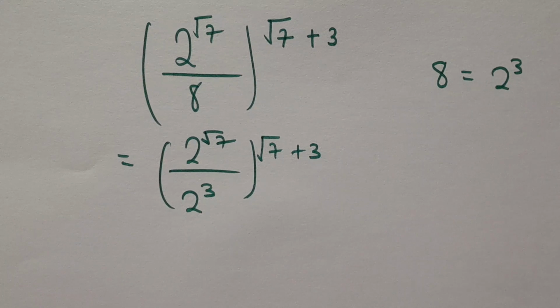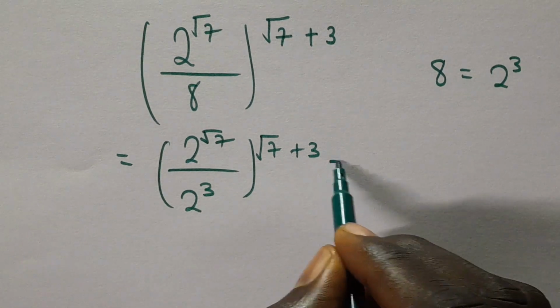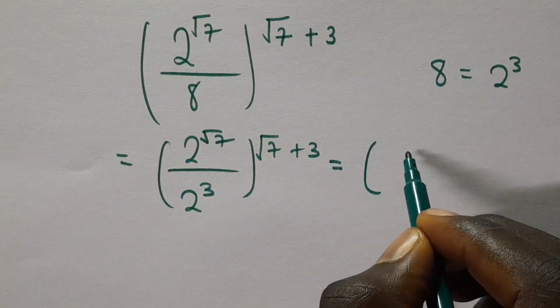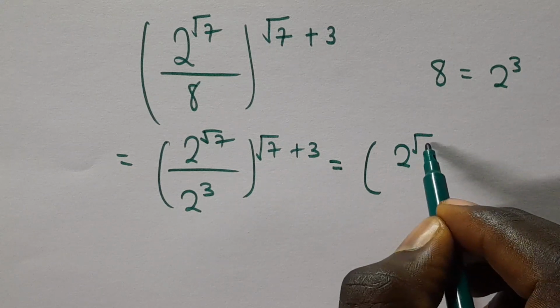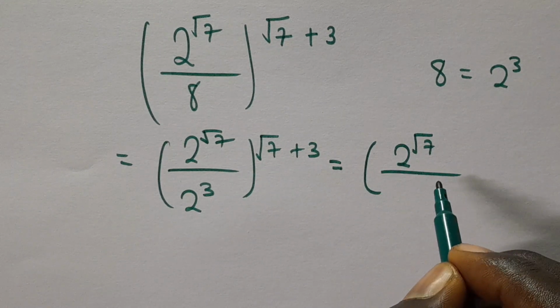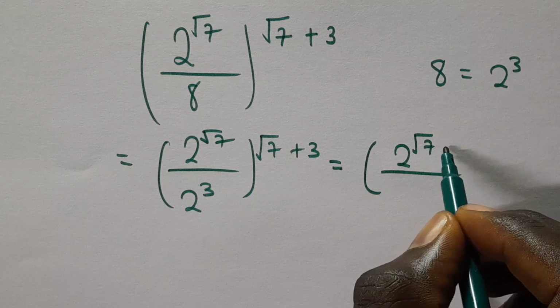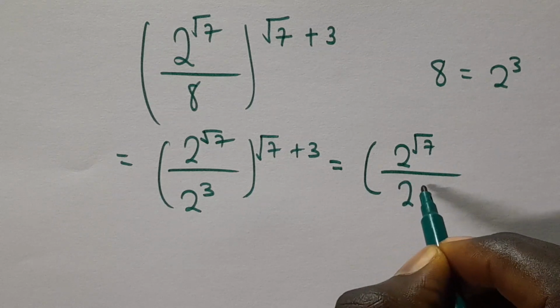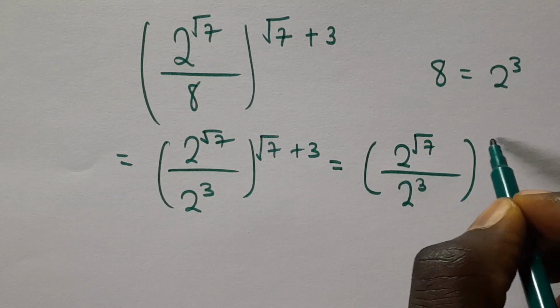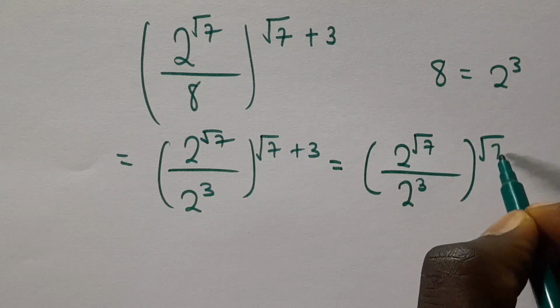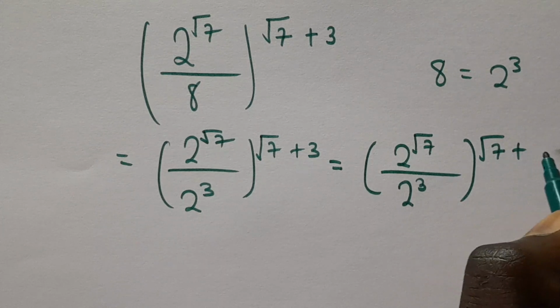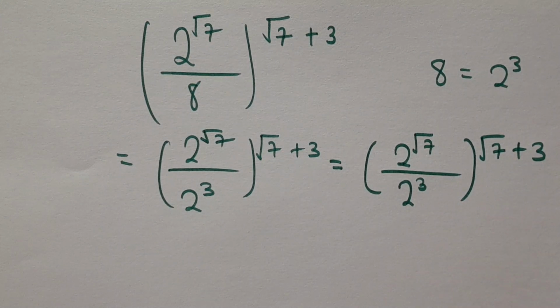Now, according to the law of indices, we can have this to be equals 2 raised to power √7, divided by 2 raised to power 3, raised to √7 plus 3.